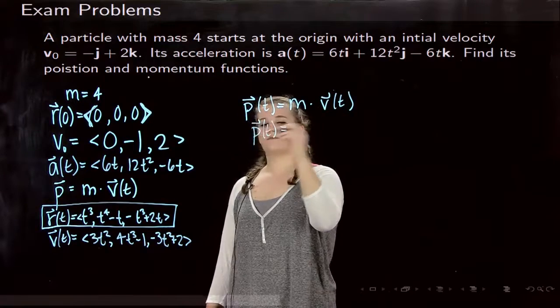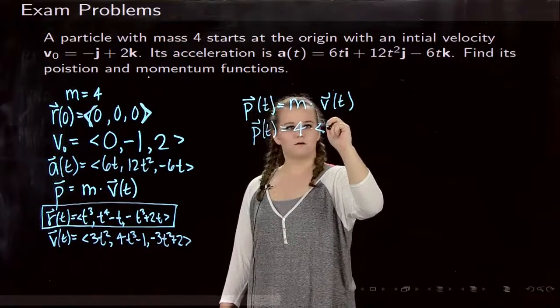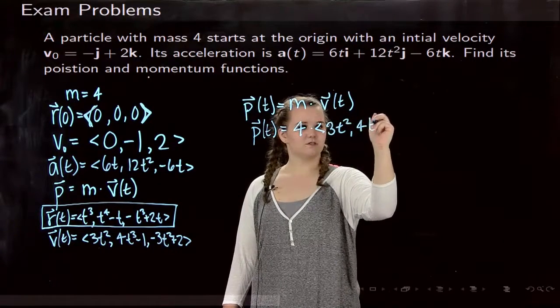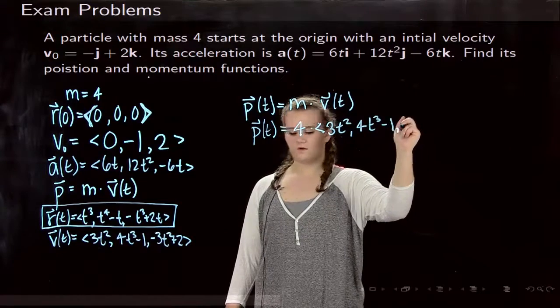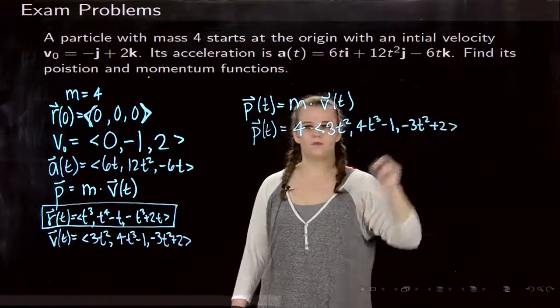plugging in the values, we're given 4 times the vector 3t squared, 4t cubed minus 1, and negative 3t squared plus 2.